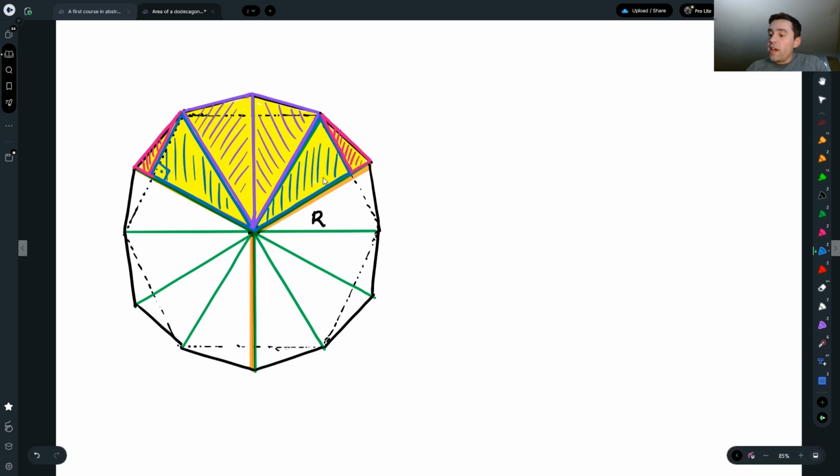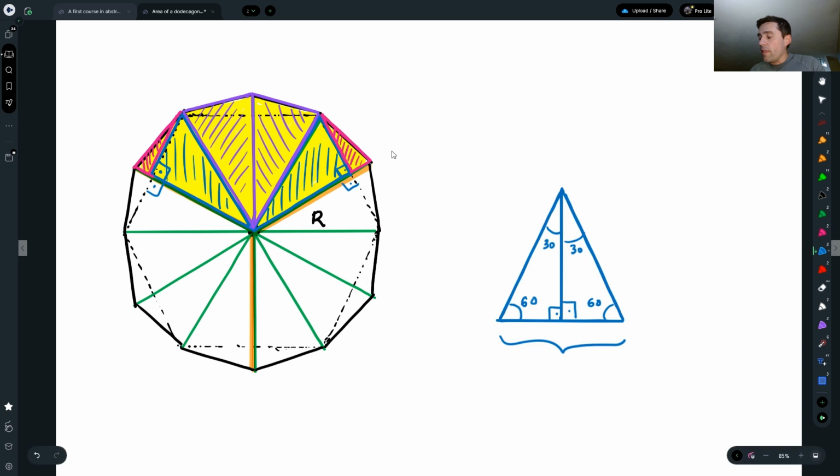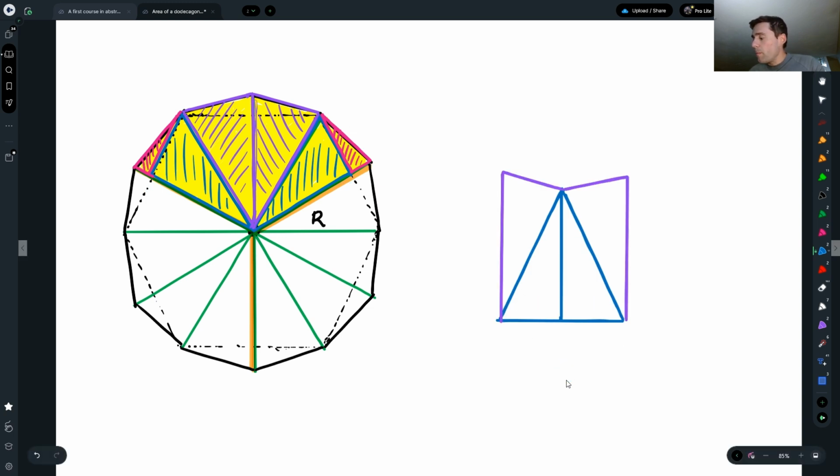So that means that from here to here, that is r, and that means that this is r. Now, as I've moved my purple triangles over, this side, which is also r, is the one that is over here. So this is side r, and this is also side r.